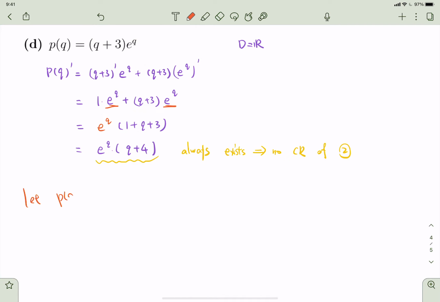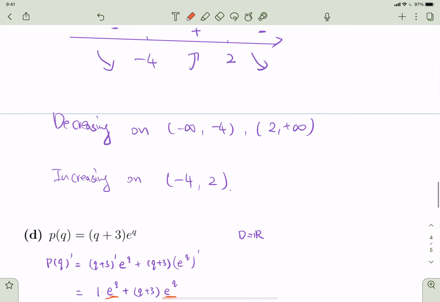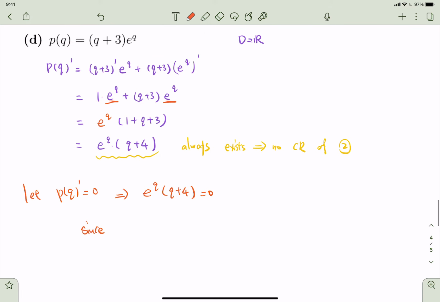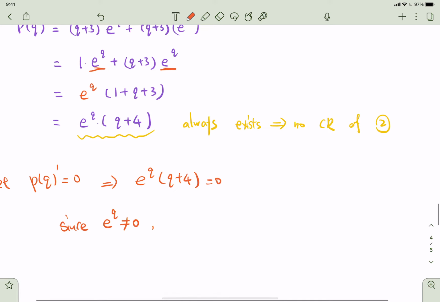Now let this derivative be equal to 0. We have e^Q times (Q plus 4) equal to 0, right? We know that a product equal to 0 is equivalent to either of the factors equal to 0. So it's either e^Q equal to 0 or the bracket Q plus 4 equal to 0. But since the exponential function can never be 0, because it's always greater than 0, we have to have Q plus 4 equal to 0.